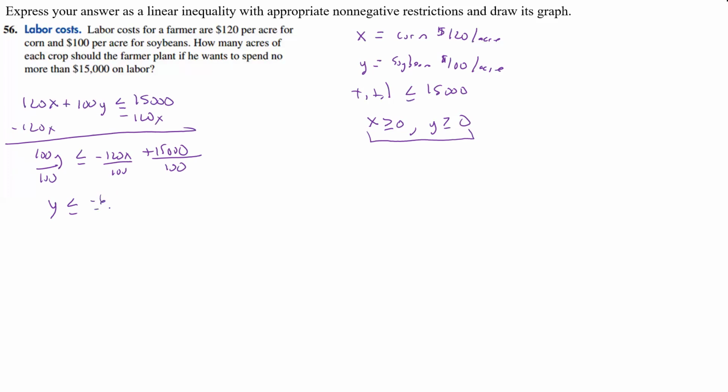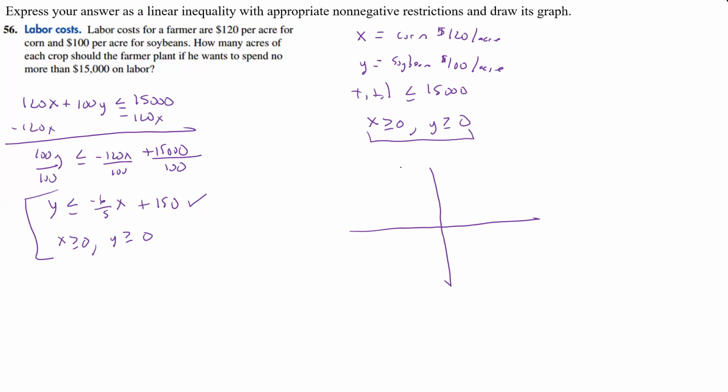So let's do negative 6 over 5x plus, and then that's just 150. Okay. And now we have the linear inequality with the restrictions. X is greater than or equal to 0 and y is greater than or equal to 0. So that's our whole piece here.